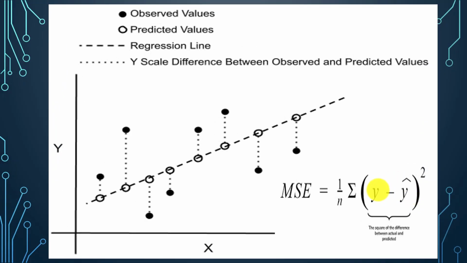Now the result might be negative, so the error might be negative. If I want this error to be positive, I have to make the square, because we know that negative or minus becomes positive. That's why I square the difference between the observed and predicted value.